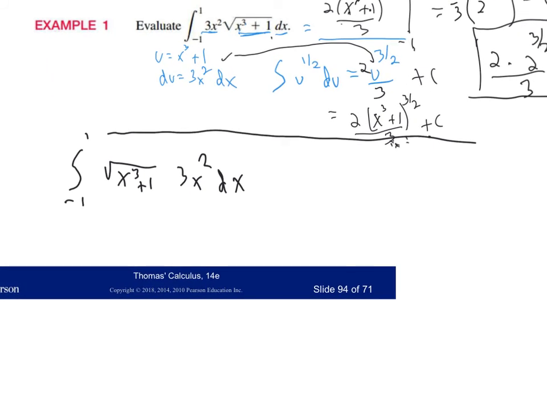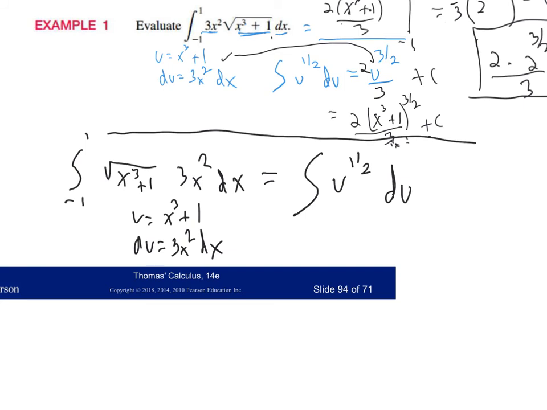And basically the u and du don't change. u is still x cubed plus 1. du still is 3x squared dx. So now I am going to literally write integrate u to the half du, but this time I am going to find out what my limits have to be.